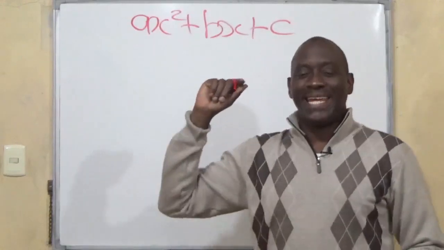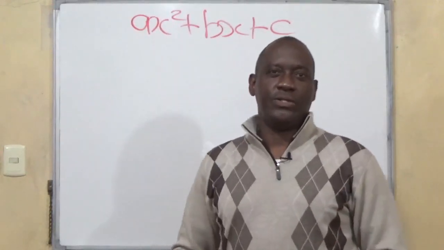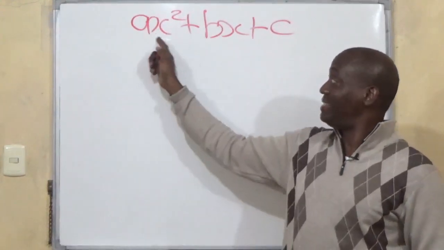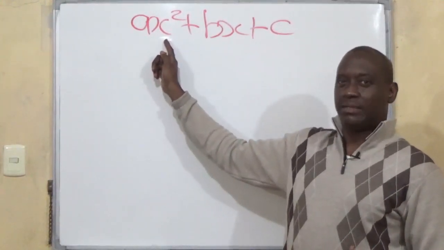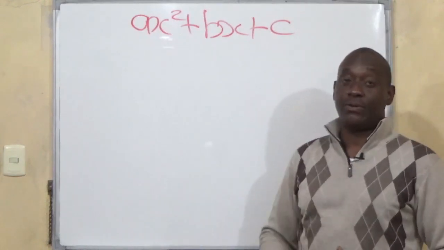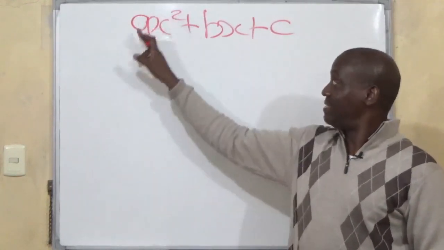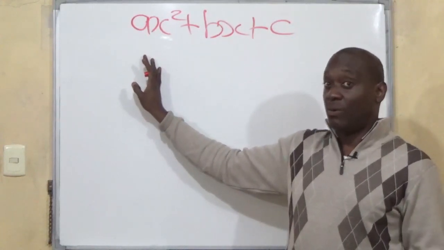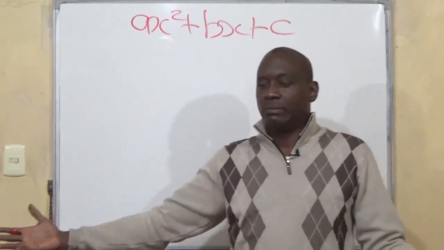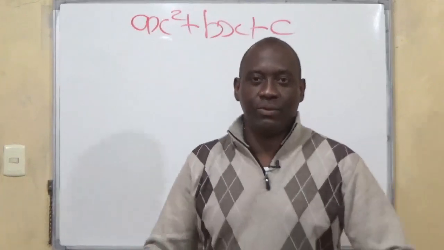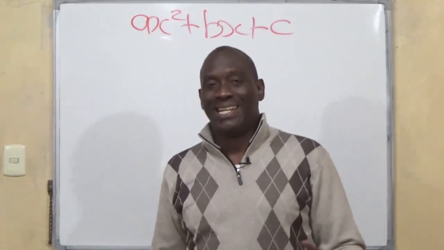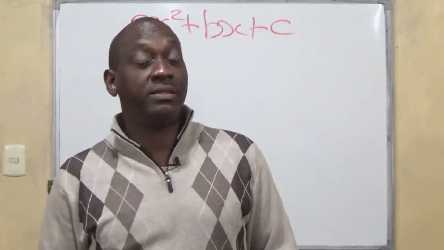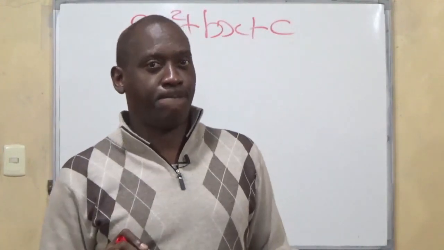We also said that a cannot be equal to 0 because a being the coefficient of x squared, remember this is the term that actually defines the entire expression as a quadratic. So this term in x squared cannot be equal to 0. A could be equal to 1, in which case you just have x squared. A could be less than 1, a could be negative. There are a whole host of mathematical possibilities for the value of a.